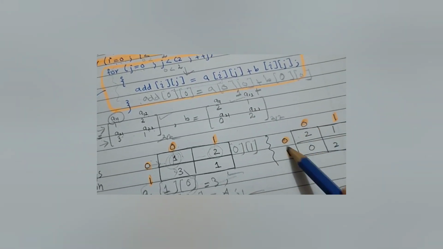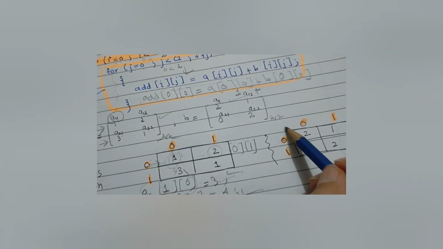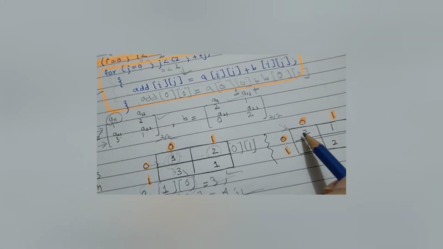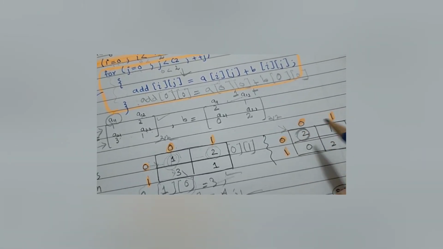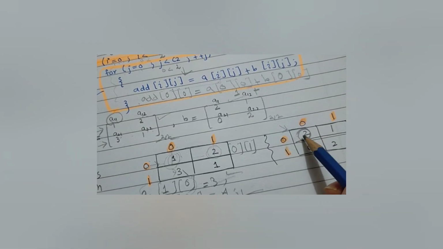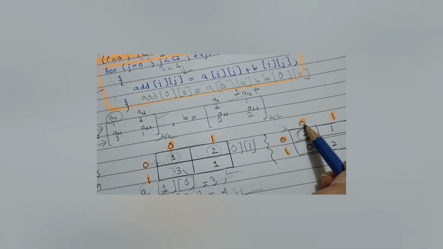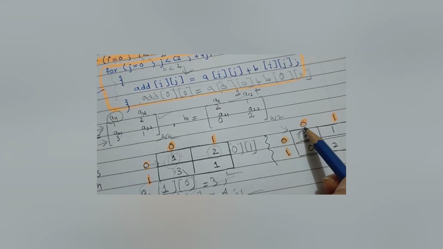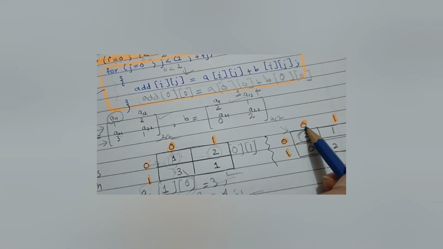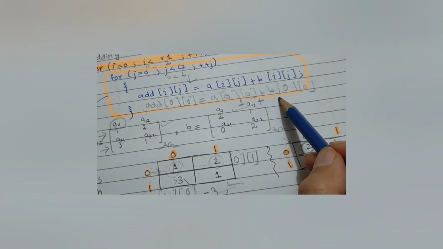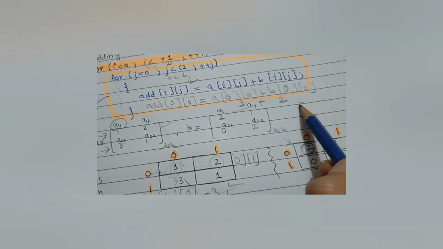like this are the elements of second matrix B stored in an array. For example, this is the element of second matrix B. So the location of this digit is 0 and 0, like 0 row and 0 column. So 1 plus 2 is 3.